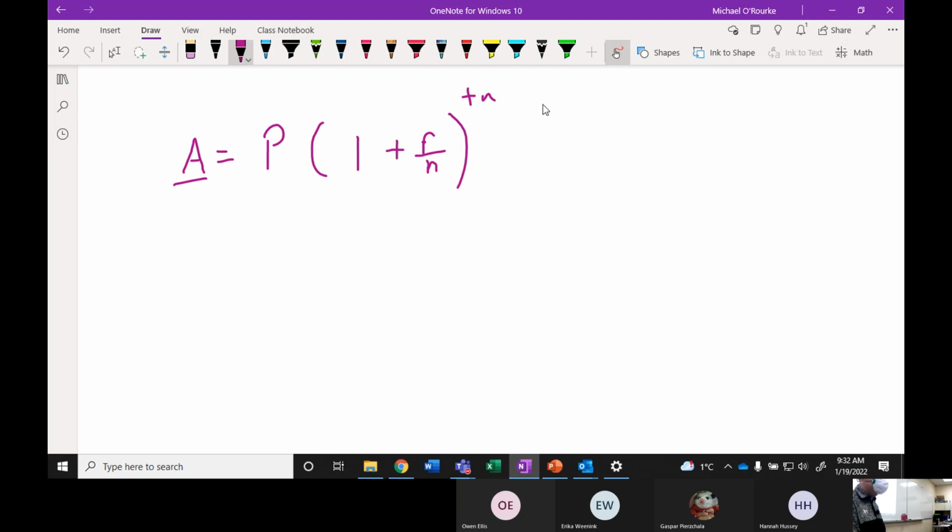Now T, the key with T is it's time in years. Okay, so if I say 6 months, what's my T going to be? 0.5, right? It's time in years. So just make sure you keep that in mind, because there'll be a sneaky person that will say, 36 months I'm going to invest.